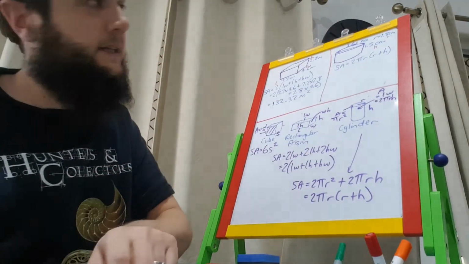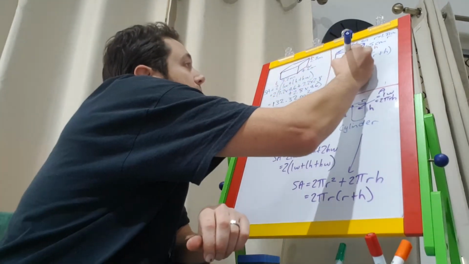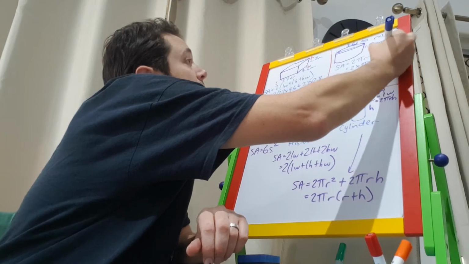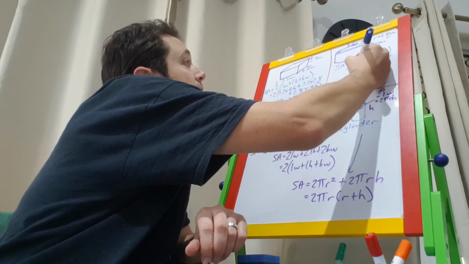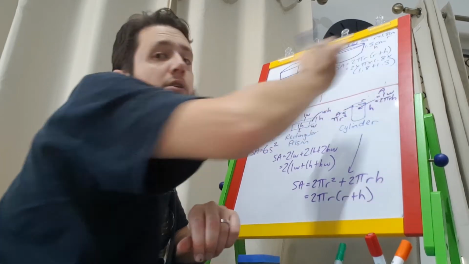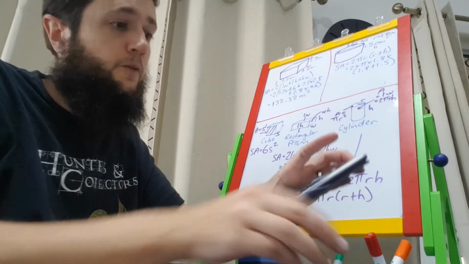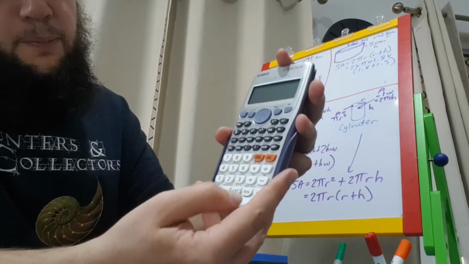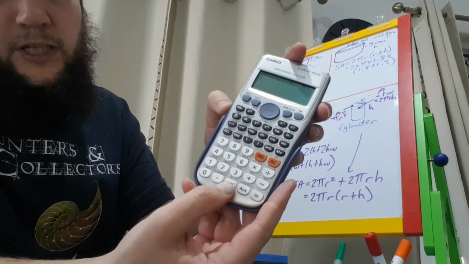So I've labelled everything. So next step, you'd see 2 times pi times the radius, 1.8, times, in brackets, 1.8 plus 1.5. So simple substitution. I've just put the values into the formula. Now I've got my technology. Make sure to use the pi button when you're doing calculations involving pi.